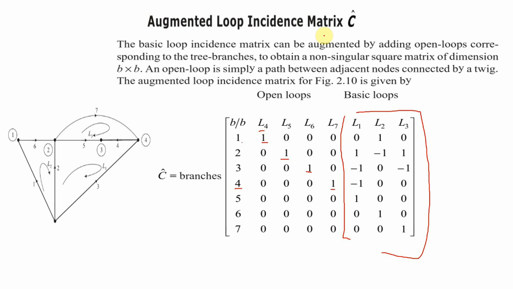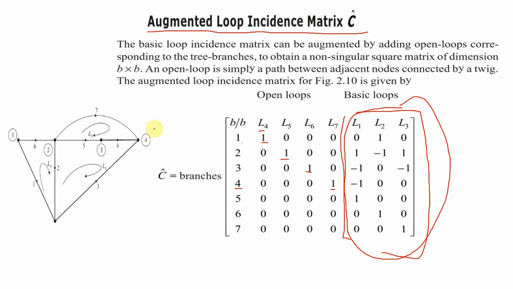So from that, we can directly find out the augmented loop incidence matrix, right? Whenever they ask you to find the augmented loop incidence matrix, this matrix you have already calculated, right? Now the remaining are 4, 5, 6 and 7.